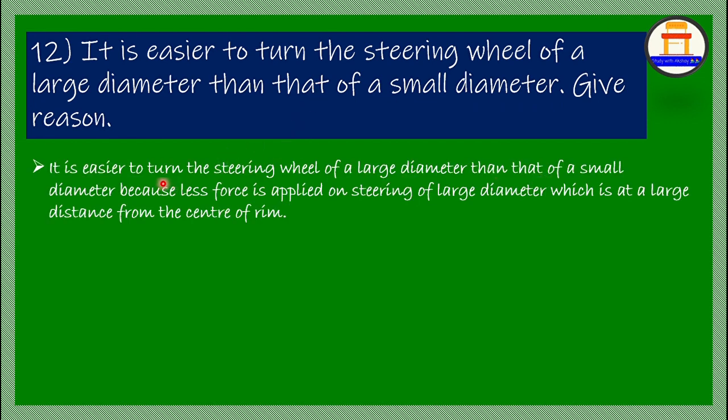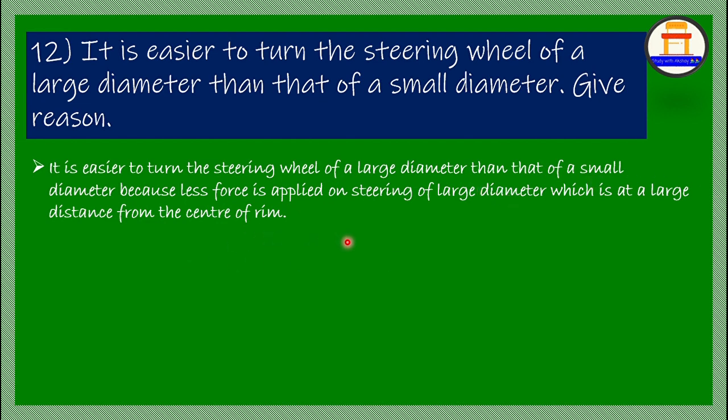I have typed the same question to make you more familiar with the way of answering. Because less force is applied on the steering of a larger diameter, which is at a larger distance from the center of the rim.